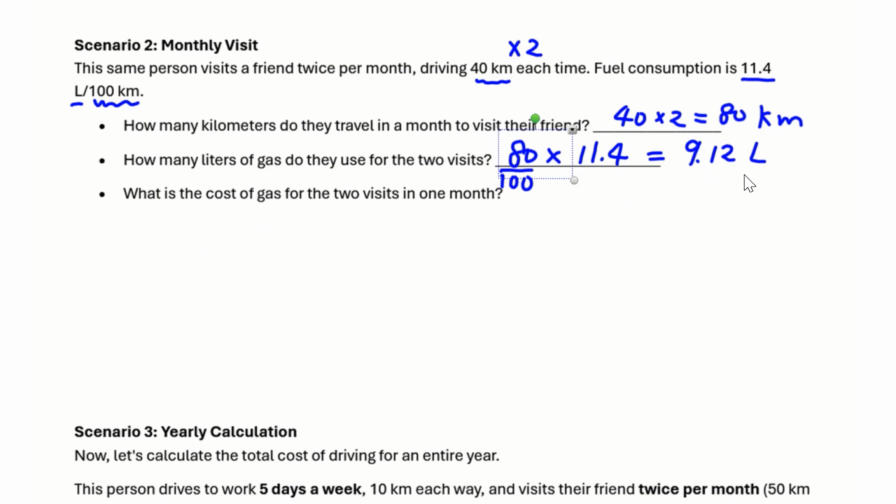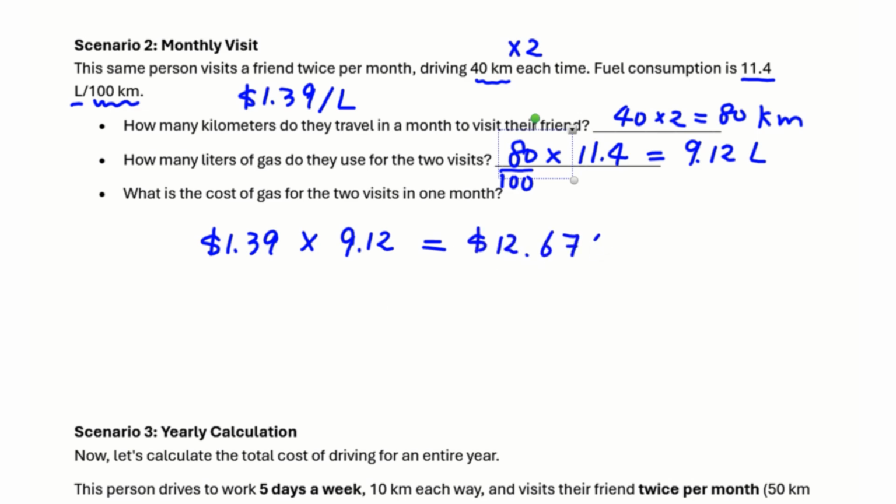Then this is a quantity for liters of gas, and the cost will be the unit price. That is, we always use the same $1.39 per liter to do the cost of the gas. So the unit price per liter, 1 liter costs this one, we have 9.12 liters. Then we times it, you will have $12.6768.